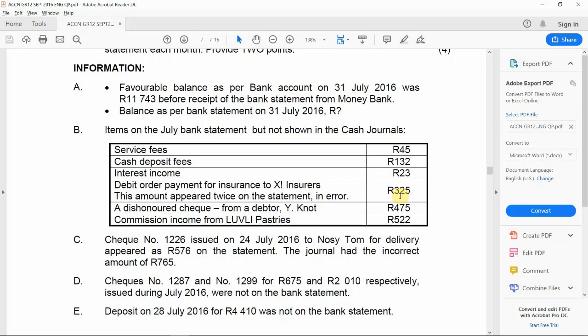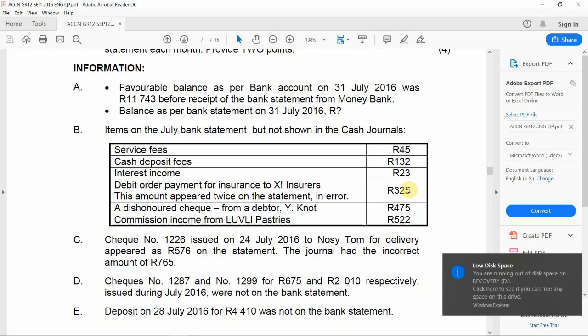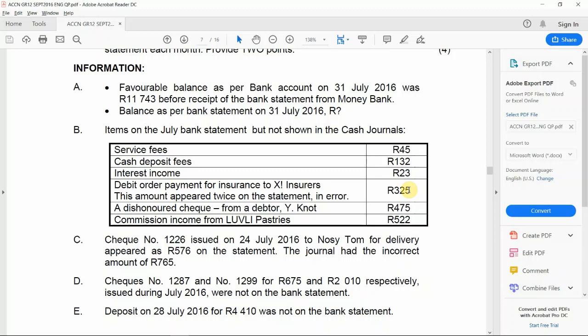But now we also indicated it will affect the bank recon. So we should know that basically on the bank side, they do the opposite of what we are doing in terms of debits and credits. So if we record it in the cash payments journal, it means our asset bank will decrease on the credit side.